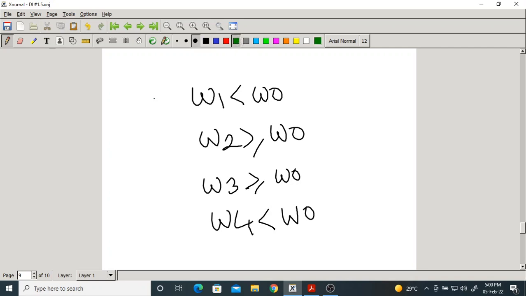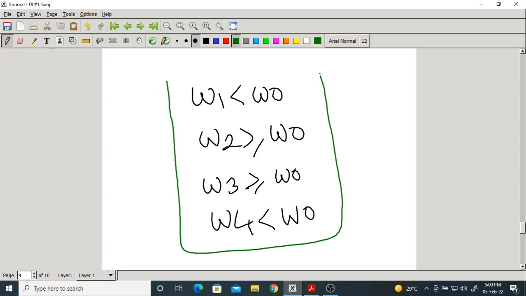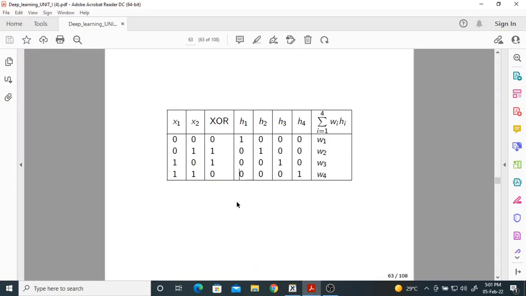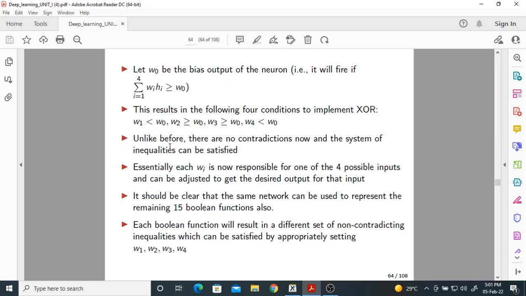But the logic is that they are not contradicting. We are able to find weights that satisfy these inequalities. Unlike before, there are no contradictions now and the system of inequalities can be satisfied.